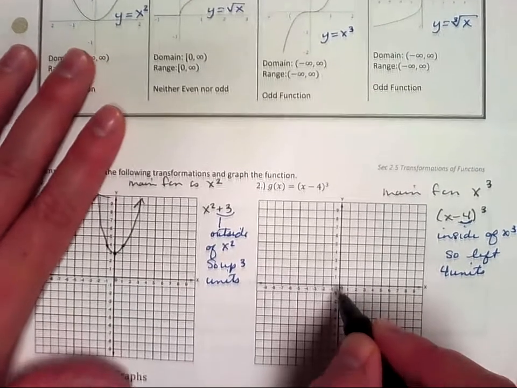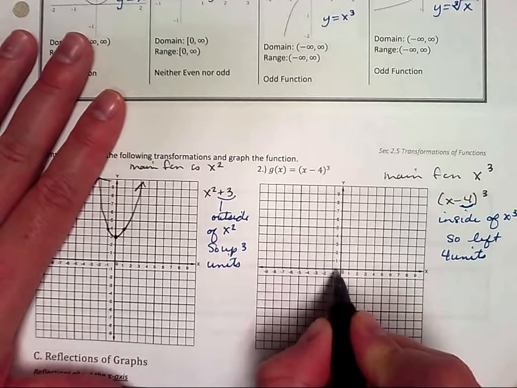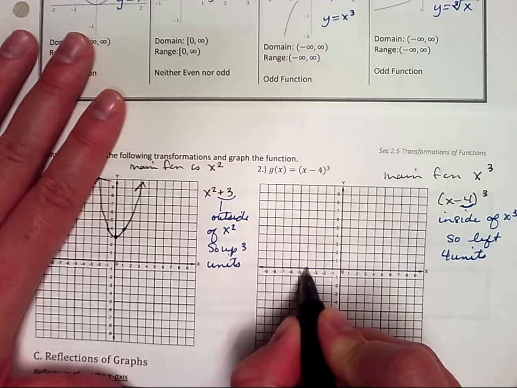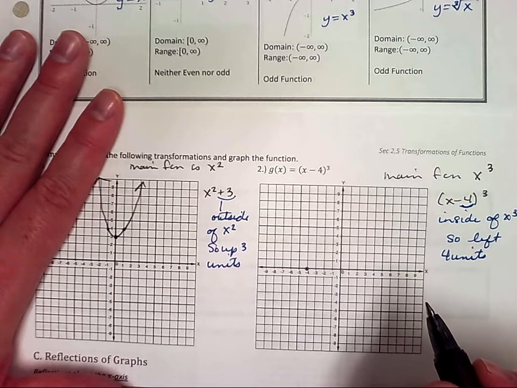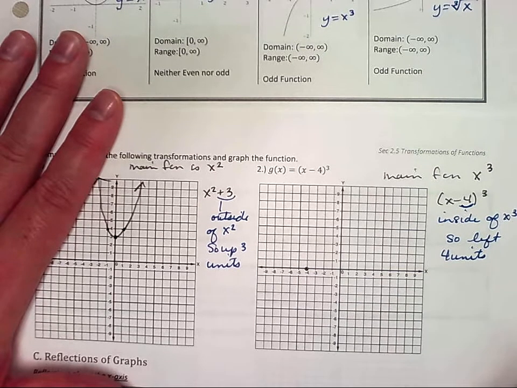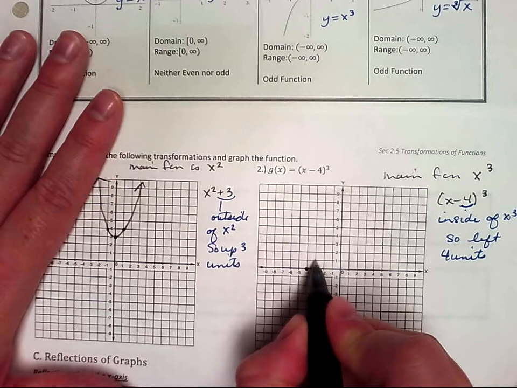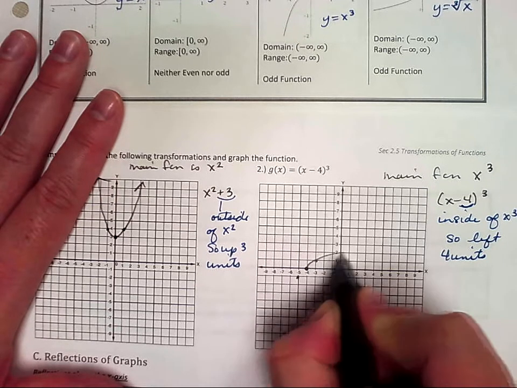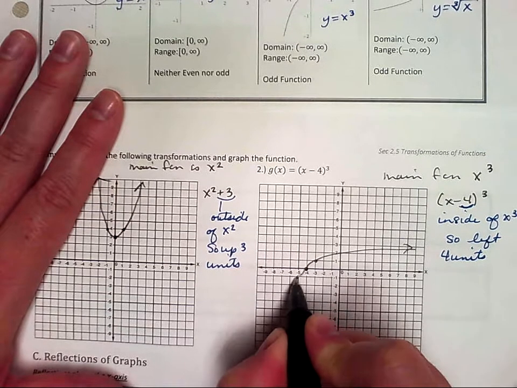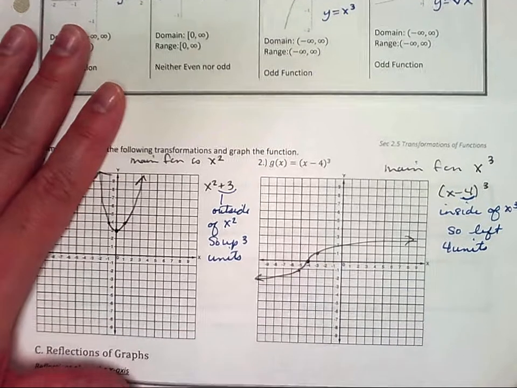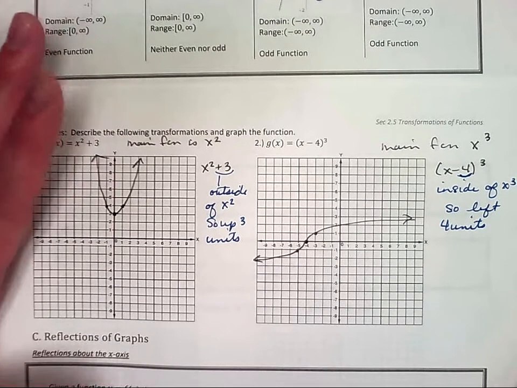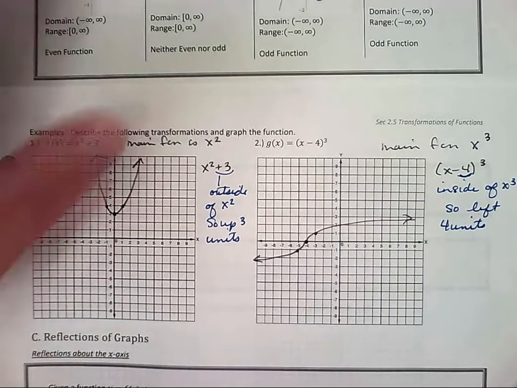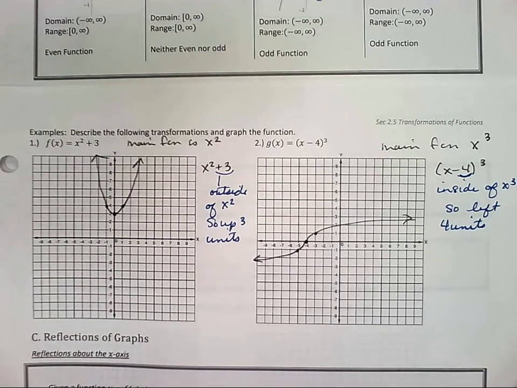I need to move the point 0, 0 to the left 4 units. It also goes through 1, 1, so I need to move that. And it goes through here. So it goes something like this. Right, so if you know a couple points that your basic functions go through, just shift those points and then draw the shape.